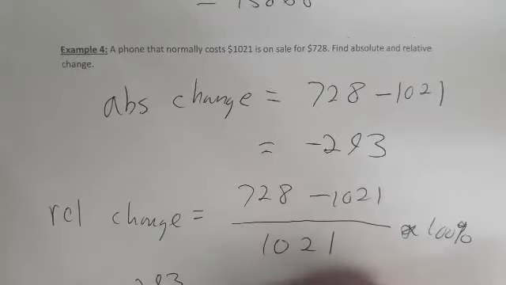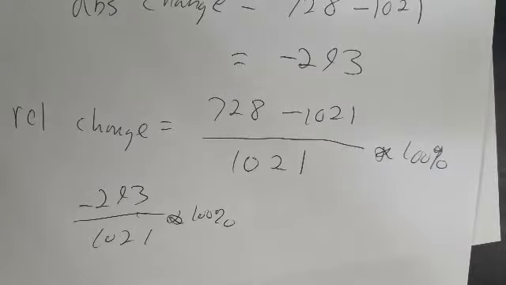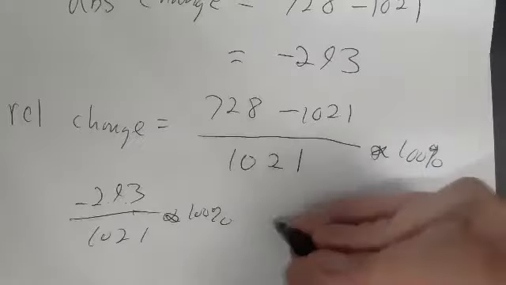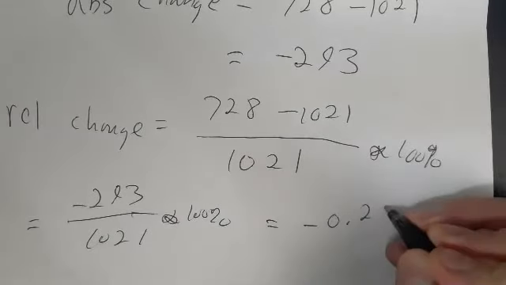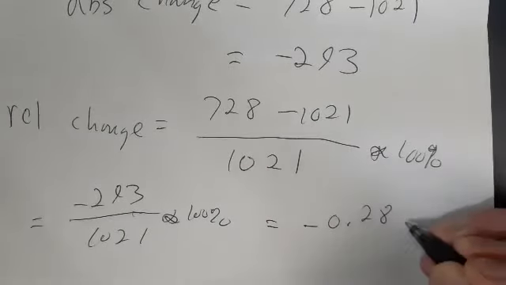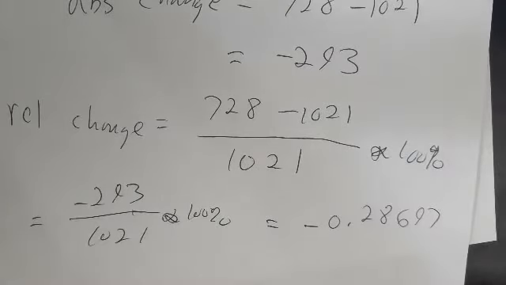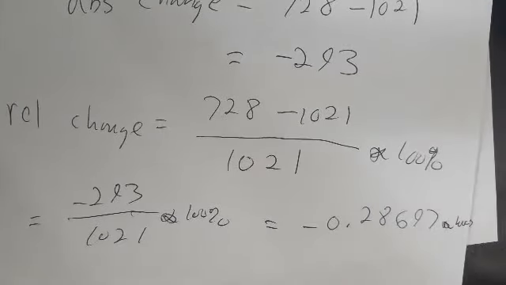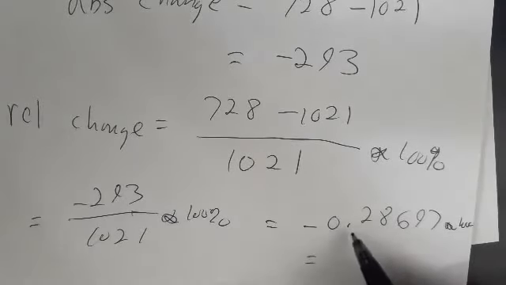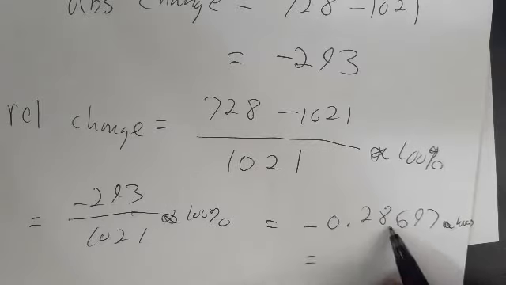And then I have to convert that to a percentage. This is giving me something like minus 0.28697. And then I still have to convert that to a percentage. I'm running out of room there. But we convert this to a percentage by moving it 2 decimal places to the right.